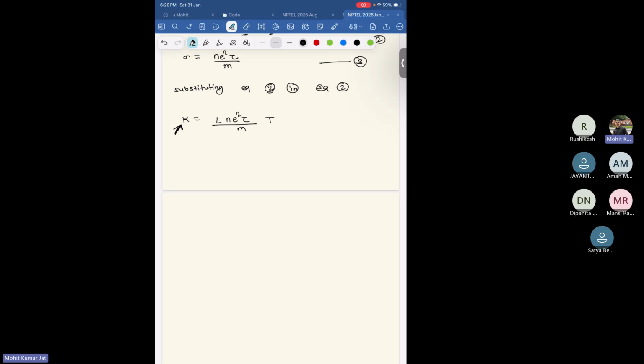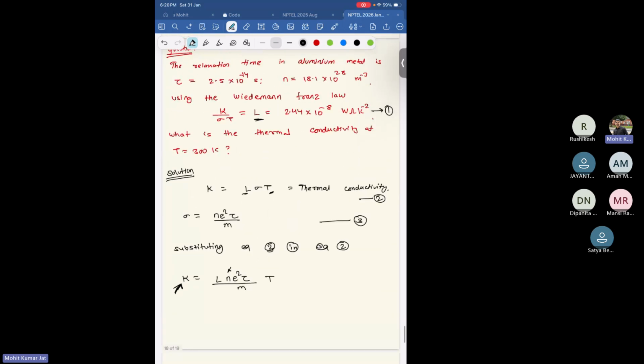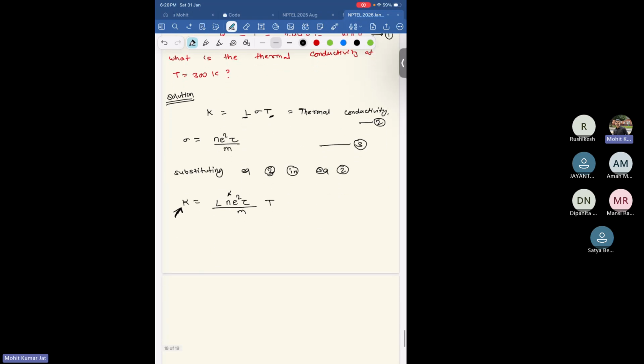By knowing the temperature, and the number density, which in a material is always constant, for aluminum it's 18.1, knowing those parameters you can roughly tell what its thermal conductivity will be.